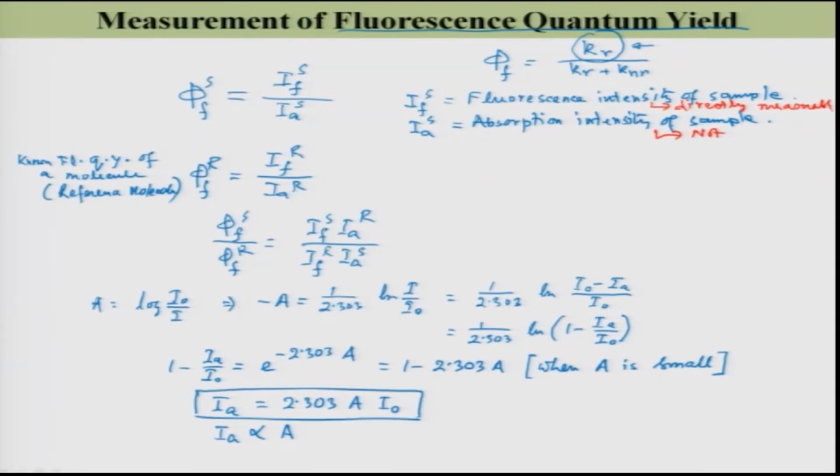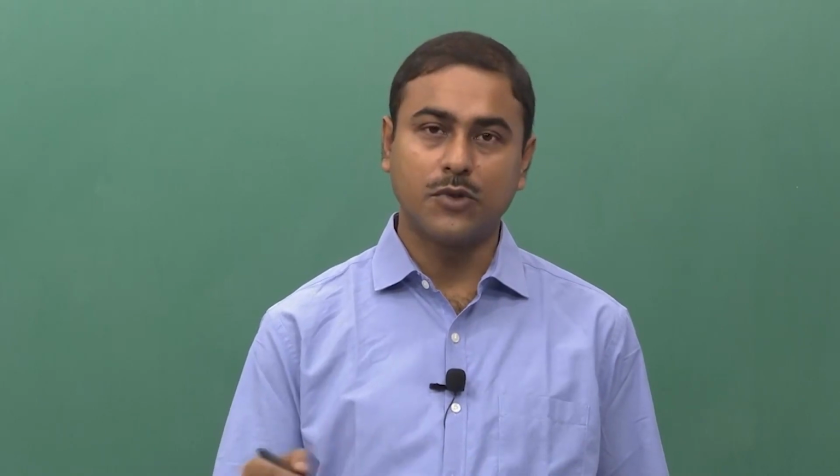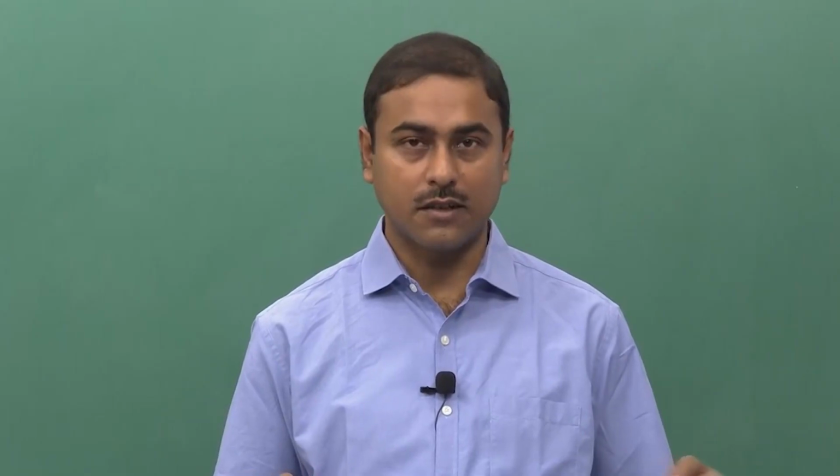Just look at this equation, right. So, if this I 0 is fixed, that means when you measure the intensity of the fluorescence for your sample and when you measure the intensity of fluorescence of your reference, in both the cases the I 0 has to be fixed, the intensity of the excitation light has to be fixed, right.